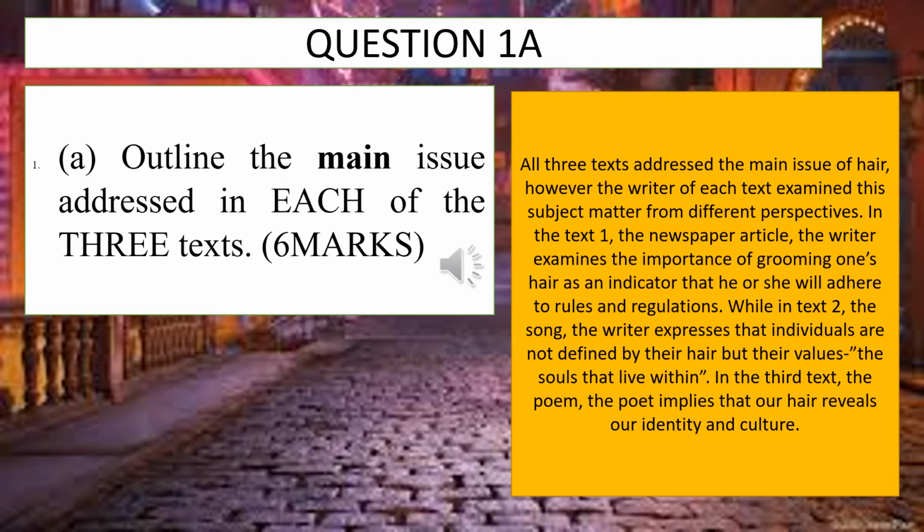This is a standard question that is usually given in Paper 3, the very first question, and the value is 6 marks. As a result, you have to ensure that you write extensively on this question and that you clearly examine the issue in all three.